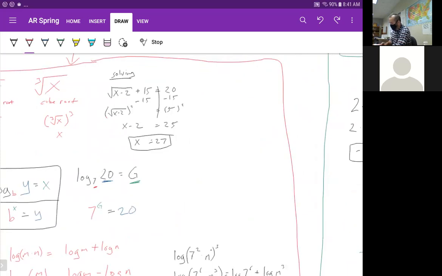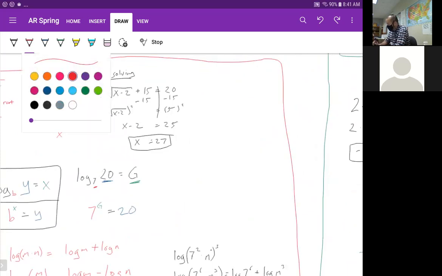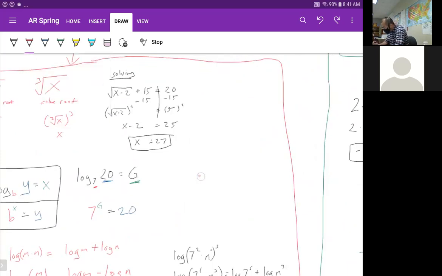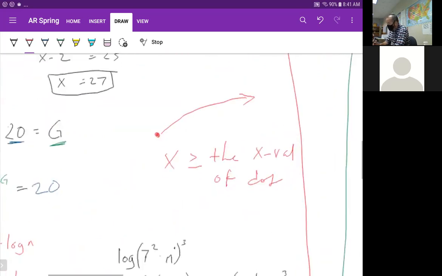Last thing in this video, for square root, the domain starts at the dot and it goes that way. So x is greater than or equal to the x value of the dot. And then y is greater than or equal to the y value.